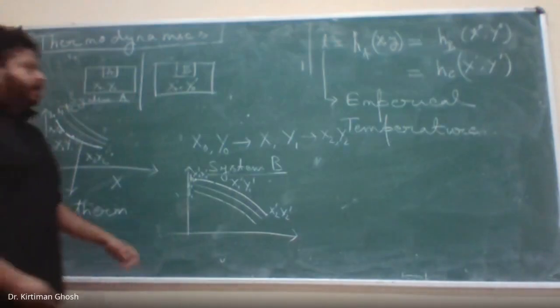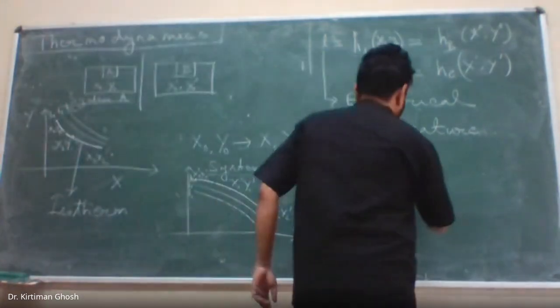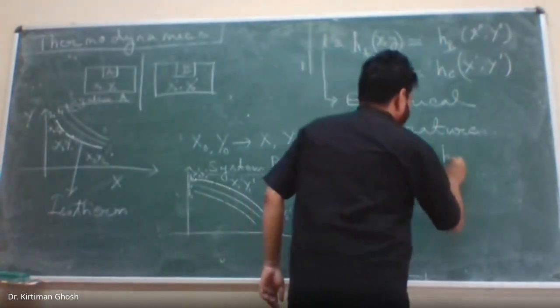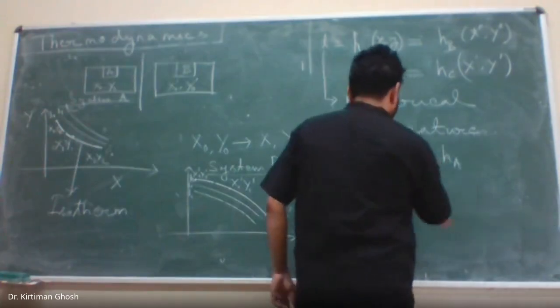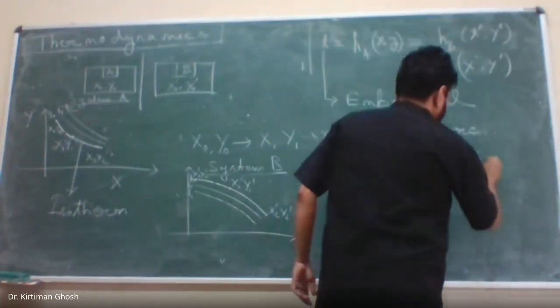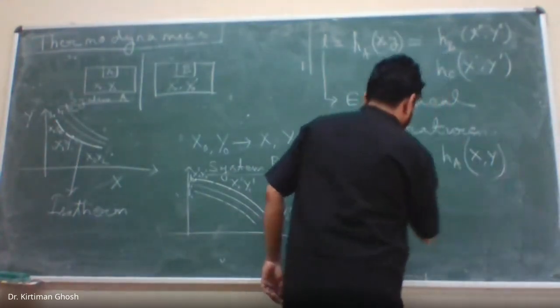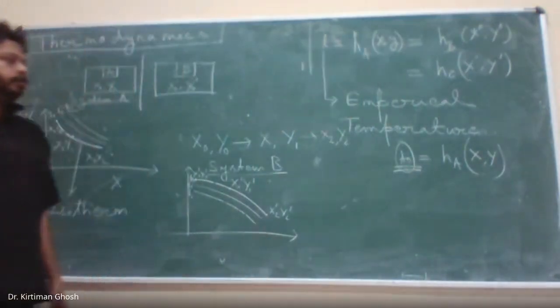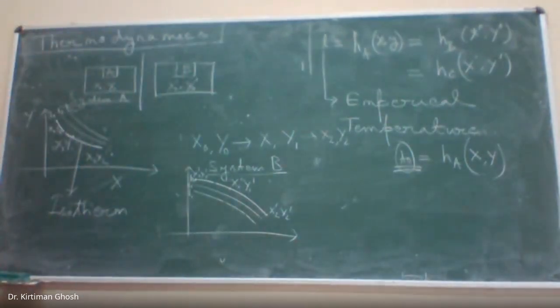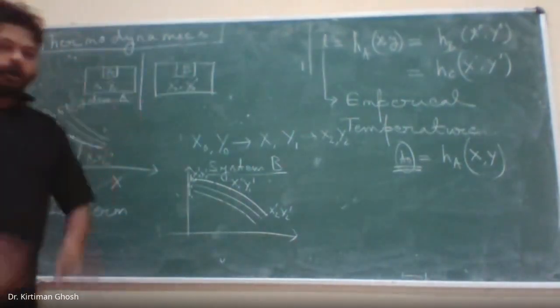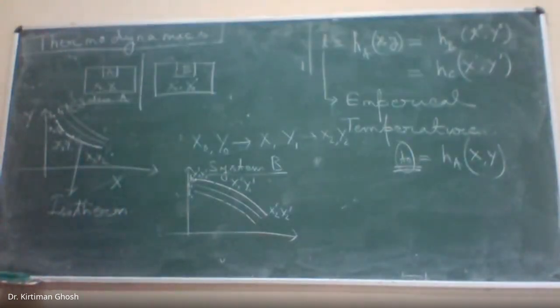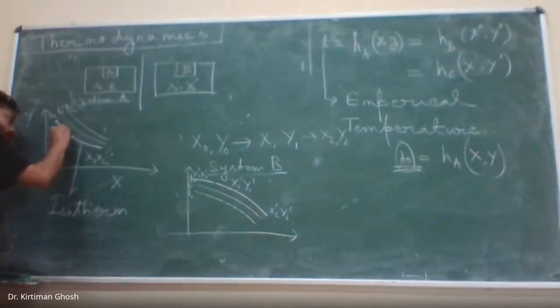Okay, so if I fix T0, T0 is a given, constant number. Then HA, a function of x and y, is equal to some constant number. So that will correspond to a line on the xy plane. Okay, so this is that line.